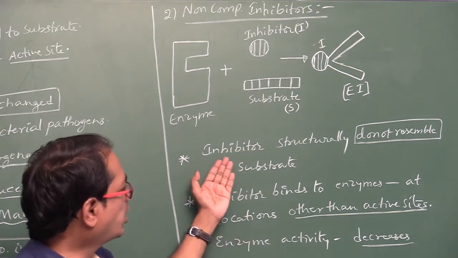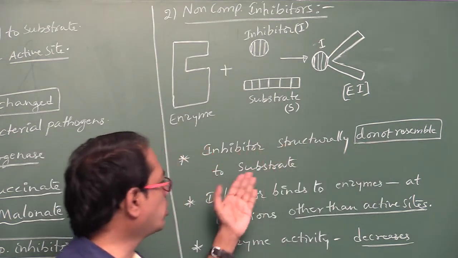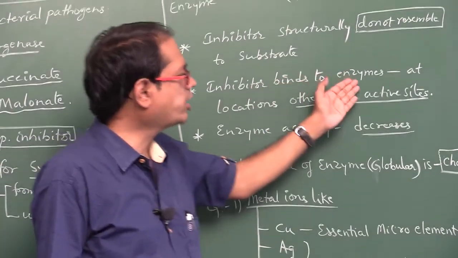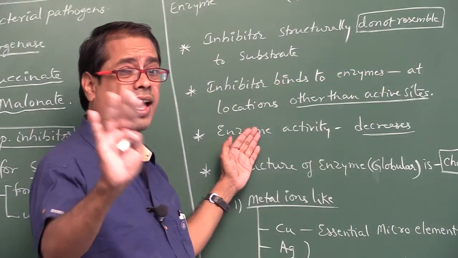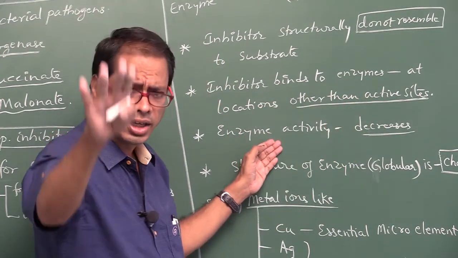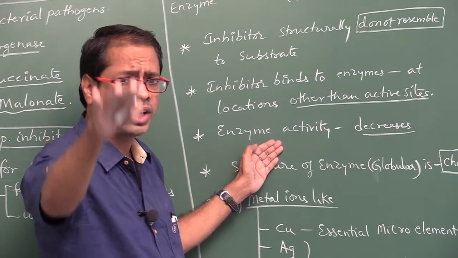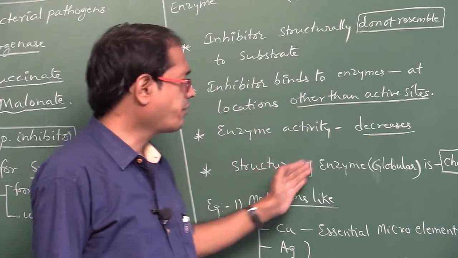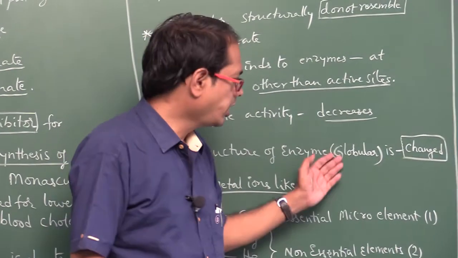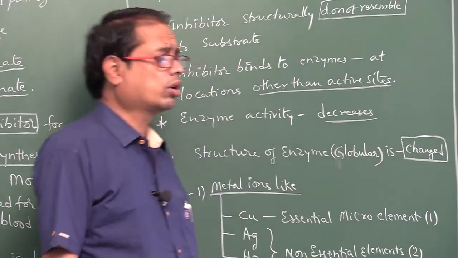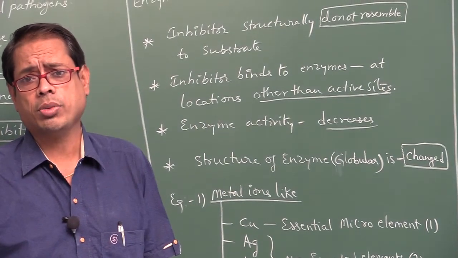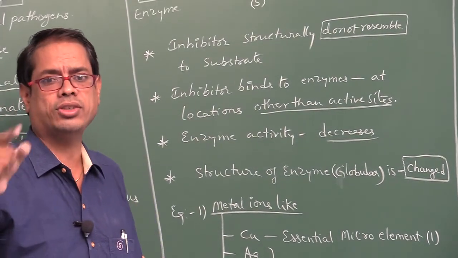See, the inhibitor structurally does not resemble the substrate. Enzyme activity decreases. The structure of the enzyme is globular, and it will be changed. In the previous one, competitive, the structure of the enzyme is unchanged.